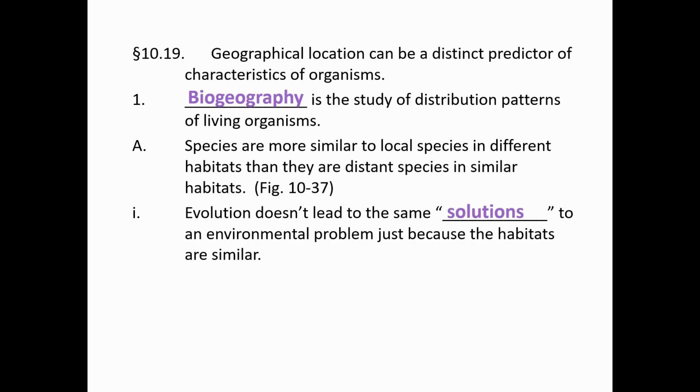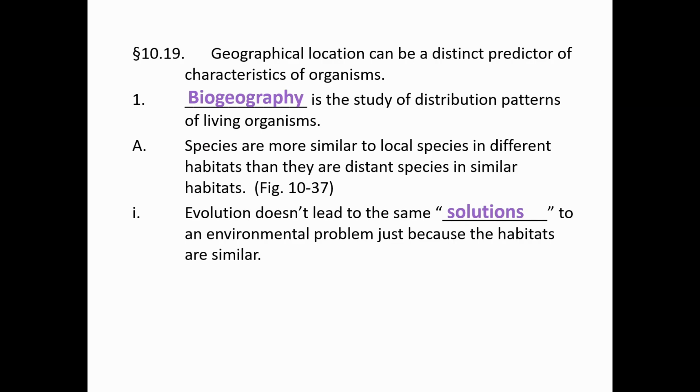And so the reason that we see this, the reason that species are more similar to a local species, even though the habitat might be different, compared to distant species in similar habitats, is because evolution doesn't lead to the same, quote, solutions just because the habitats are similar. Yes, sometimes this happens, and we'll talk about that in a little bit, but it doesn't always.